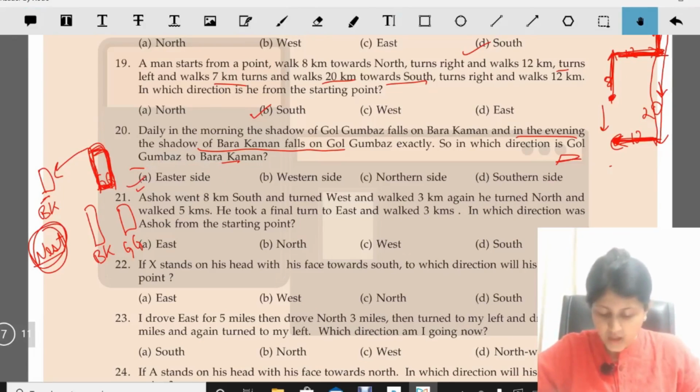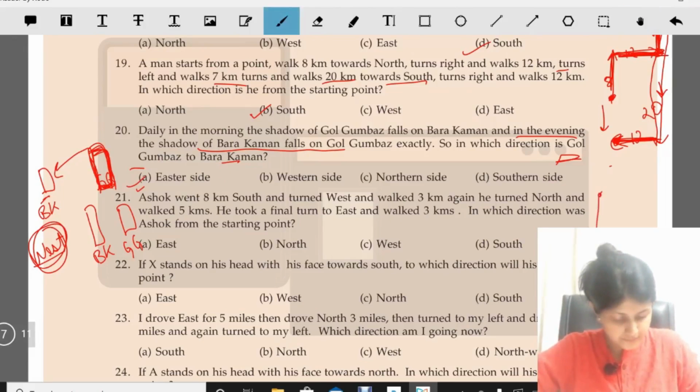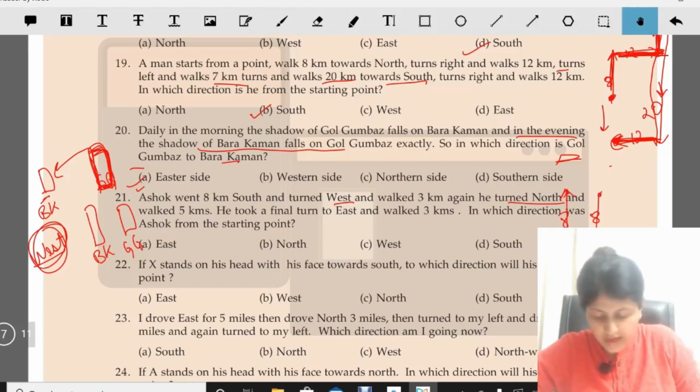21. Ashok went 8 kilometers south and turned west and walked 3 kilometers. And he turned north and walked 5 kilometers.